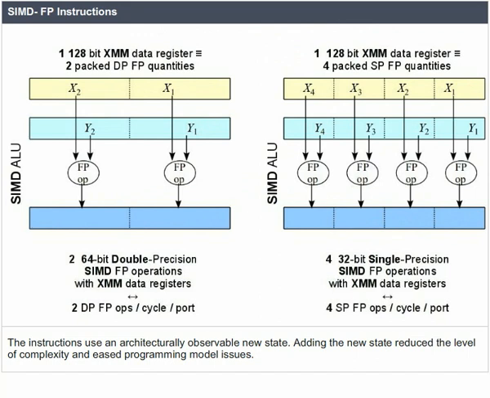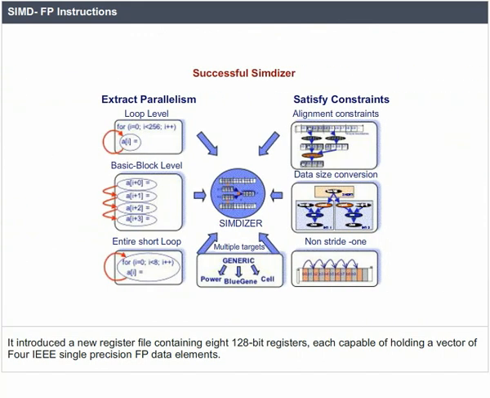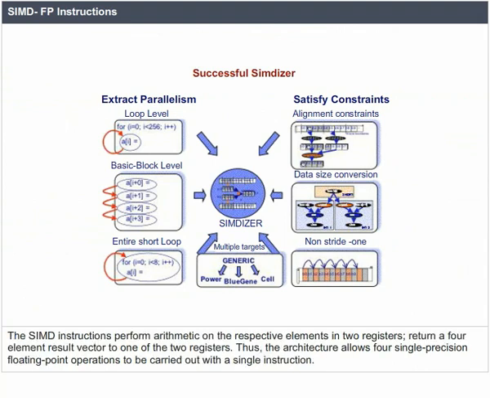It introduced a new register file containing 8 128-bit registers, each capable of holding a vector of 4 IEEE single precision FP data elements. The SIMD instructions perform arithmetic on the respective elements in 2 registers, and return a 4-element result vector to one of the 2 registers. Thus, the architecture allows 4 single precision floating point operations to be carried out with a single instruction.